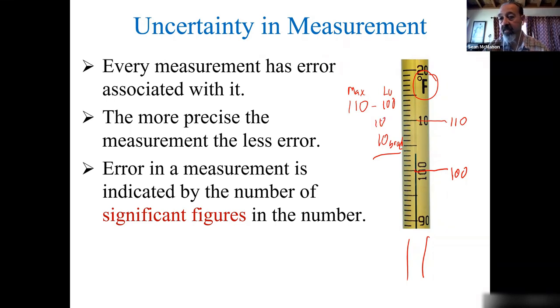The range is 10. So there's 10 Fahrenheit between these 10 graduations. That means each graduation is 1 degree Fahrenheit. Now, why am I doing that? I need to figure out what each mark is, because that tells me the precision.